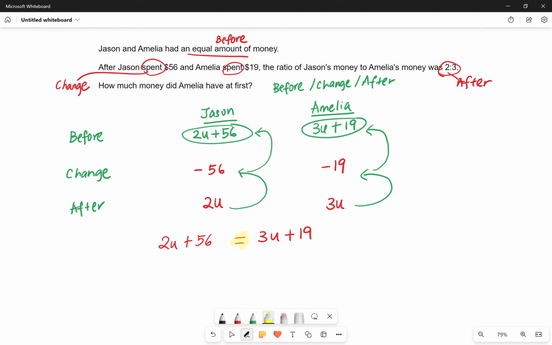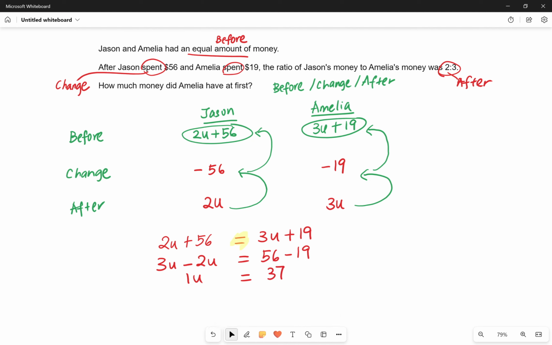So using the algebra approach, we can now straight away solve for 1 unit by putting all the units on one side. 3U minus 2U equals 56 minus 19, which will give us 1U equals 37.